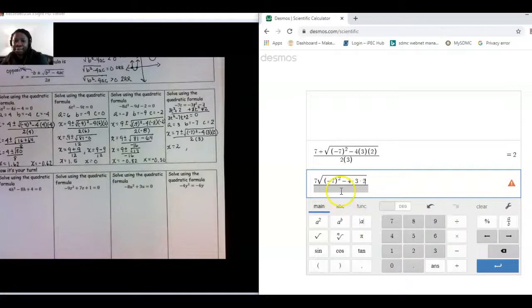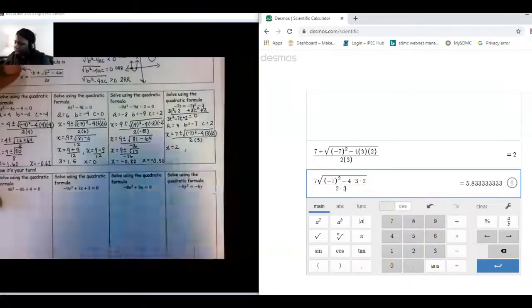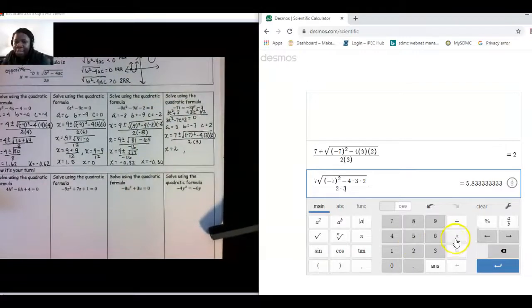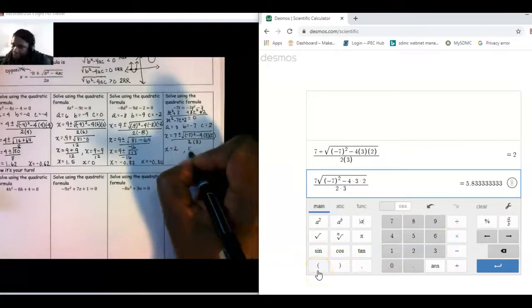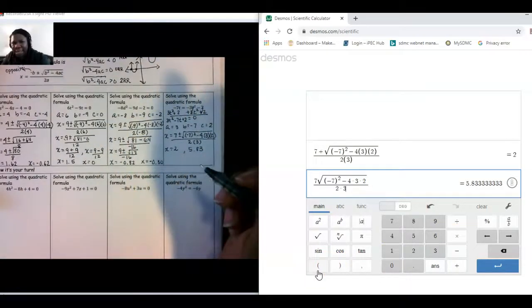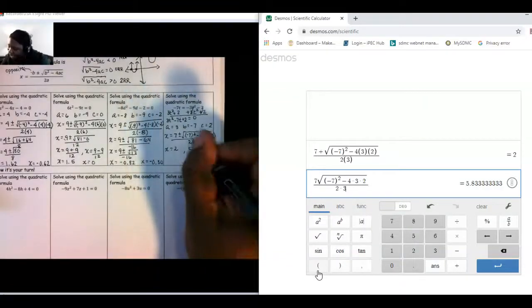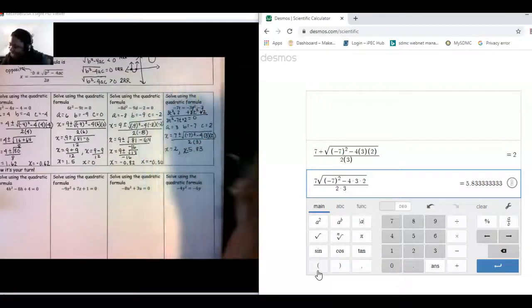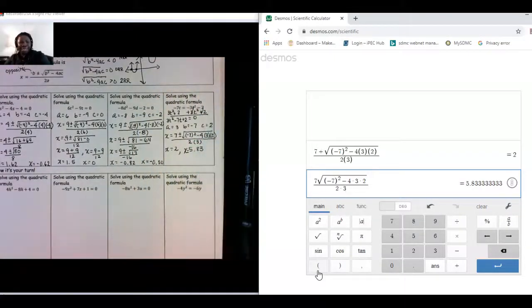It means the same thing, so we should not be getting anything wrong if we use the times button here as opposed to the parentheses. So our second zero is 5.83. Did I say our second parentheses? I meant our second zero is 5.83.